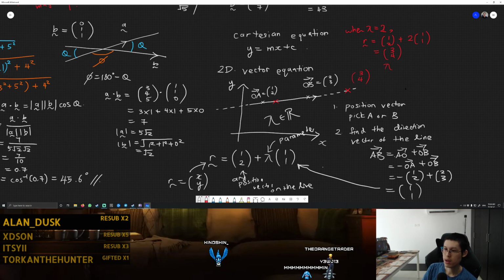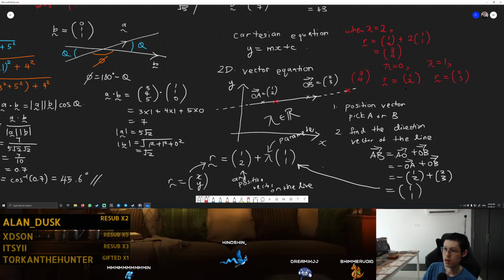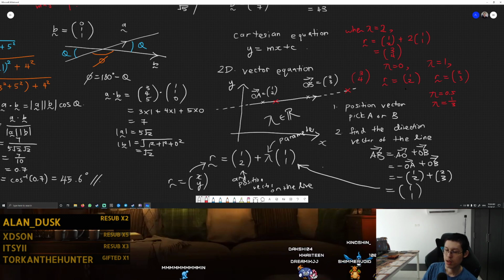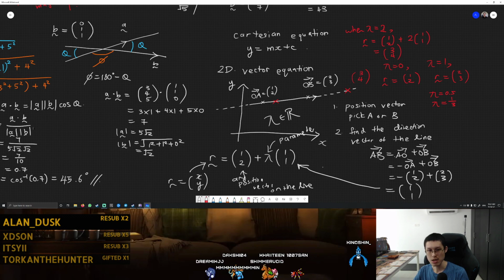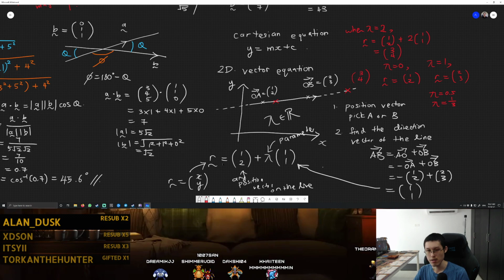When lambda is 0, r is (1, 2), which gives us OA back. When lambda is 1, r is (2, 3). Lambda can also be 0.5 or 1 over 3; it can basically be any real number. If you put all the real numbers into lambda, you trace out a line that goes infinitely in this direction and infinitely in this direction. That's why this equation represents the vector equation of the entire line.